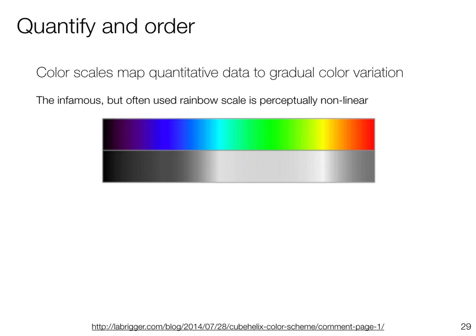As I said, we can measure, so we can actually use color scales to encode quantitative data. So here we have an example that is actually not a good example. It's infamous for being perceptually nonlinear. So the rainbow color scale is still often used, especially in certain scientific domains.